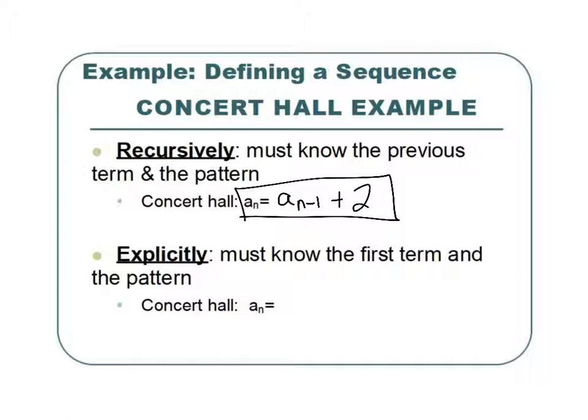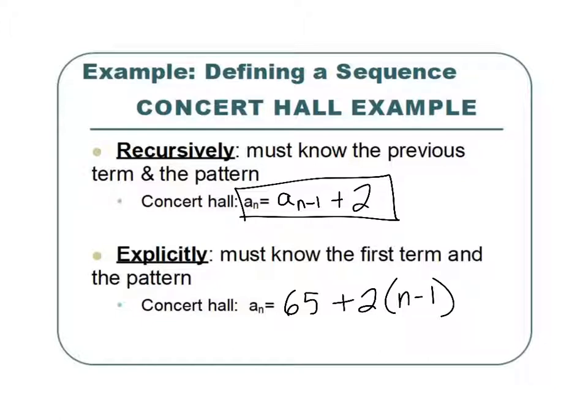Let's try writing an explicit rule for the concert hall. This one you have to know the first term. Well, I do know the first term. There were 65 seats in the first row. And then you have to know the pattern, and we already said I'm just adding 2. But remember, according to the rule, I'm always going to add 2, n minus 1 times.